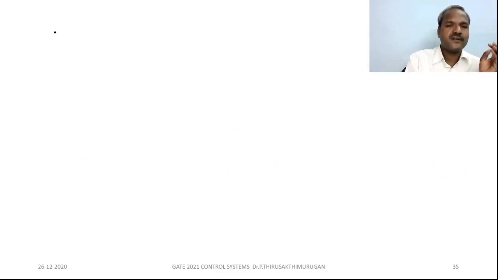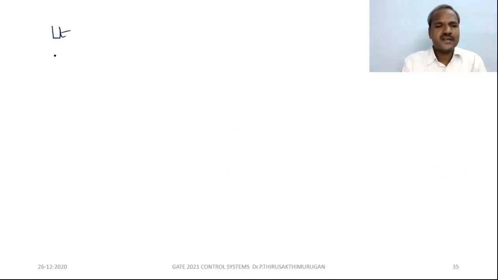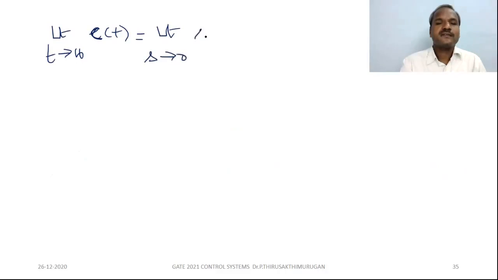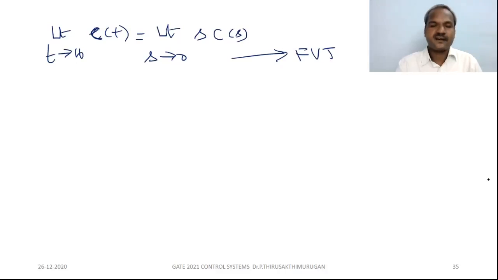So what does the final value theorem say? To find the steady state value, limit t tends to infinity of C of t equals limit S tends to 0 of S into C of S. This is based on the final value theorem, to find the final state or steady state output of the system.